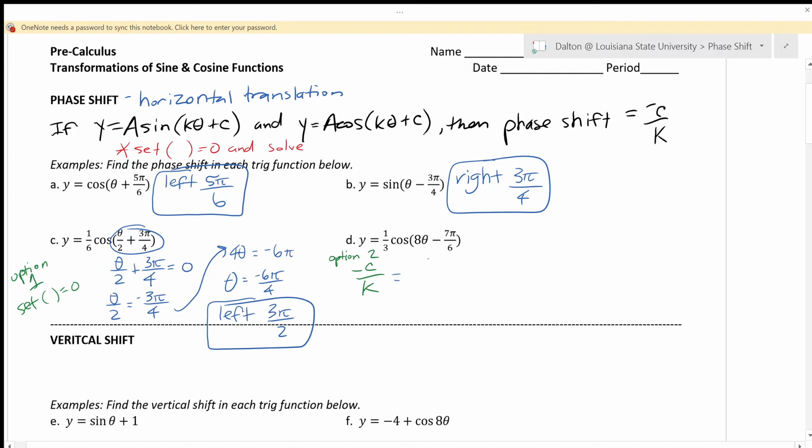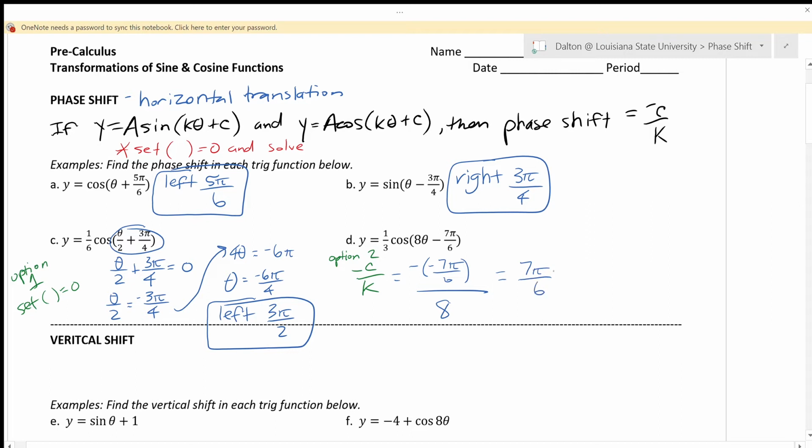Okay, so negative c will be negative 7 pi over 6, over k, which is 8. When we divide fractions, it is the same thing as multiplying by the reciprocal. So we can rewrite the negative 7 pi over 6 as positive 7 pi over 6.